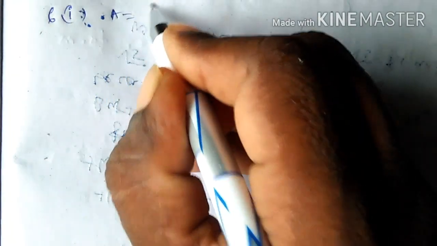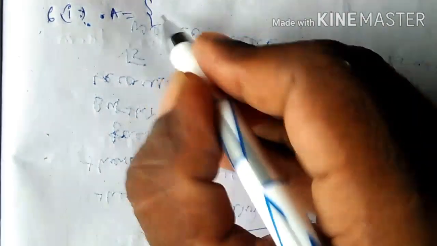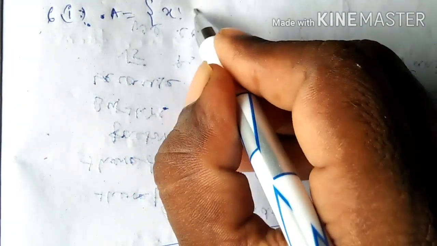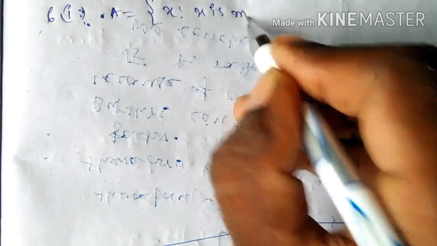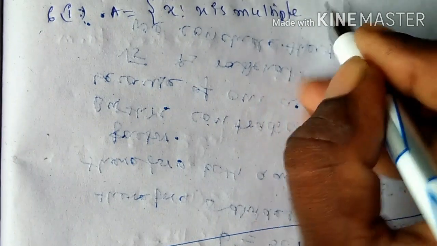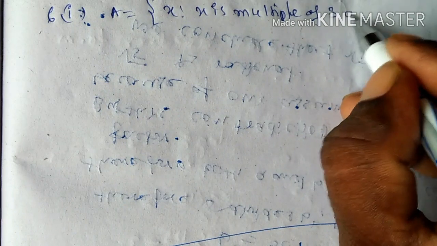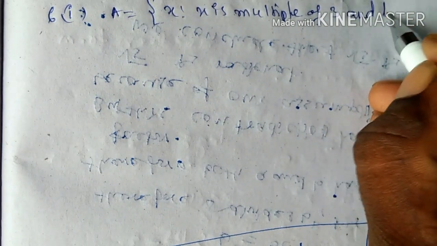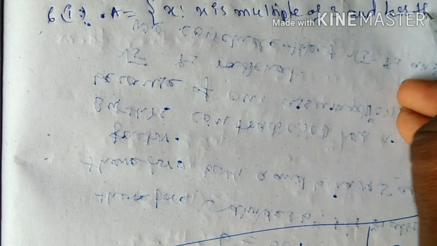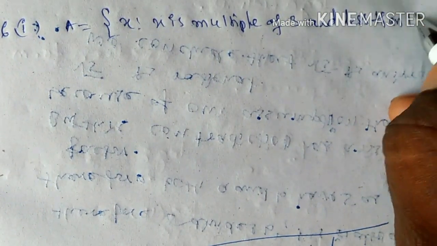So, sixth bit, first one. A is a set of all elements x such that x is a multiple of 3 and less than 13. That means multiples less than 13.